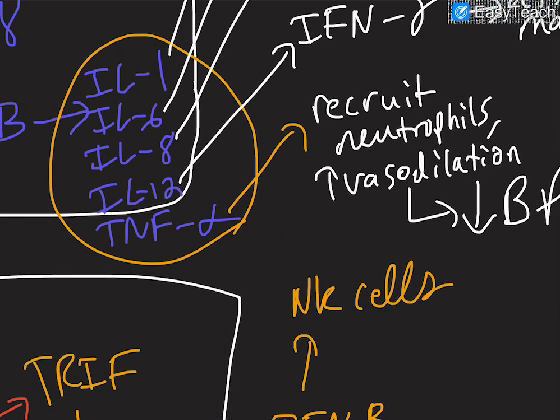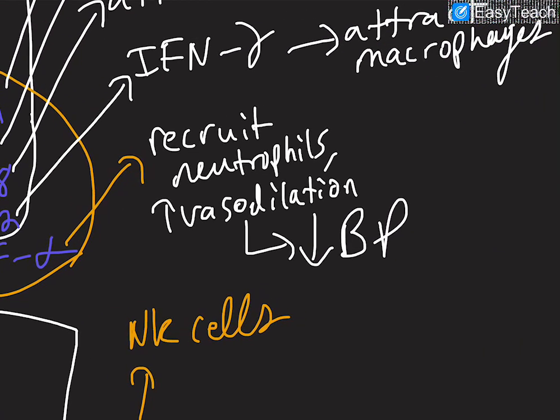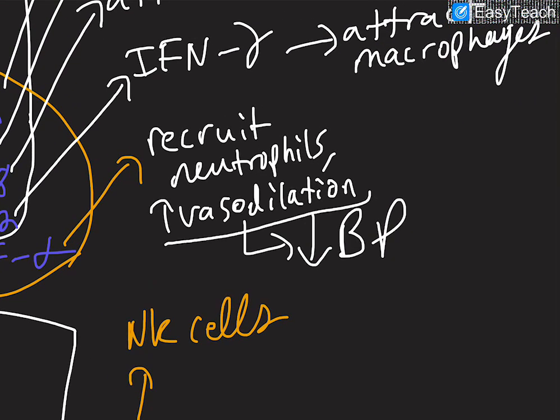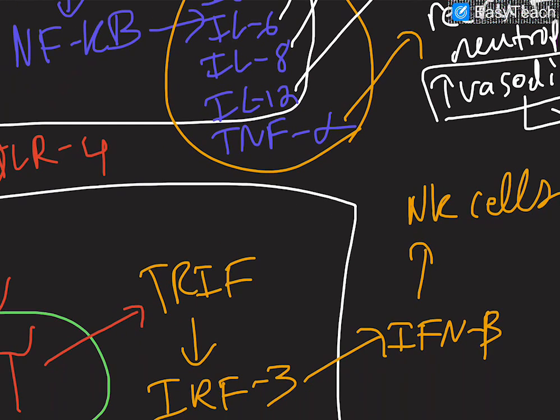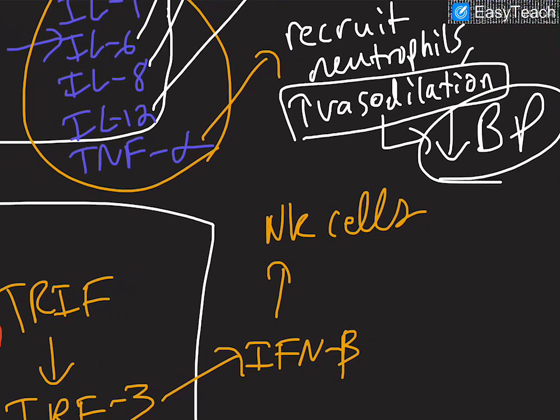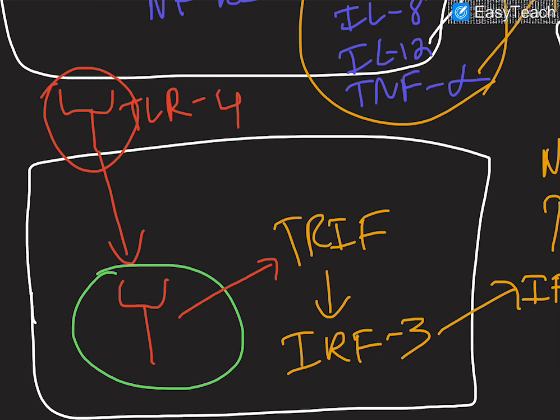But all these cytokines in general can contribute to the overall process of inflammation and fever, right? So if we have a lot of cytokines that can lead to large amounts of vasodilation, that can reduce your blood pressure and may lead to shock, right? We also know if this gram-negative bacteria is in your bloodstream, and we said that toll-like receptor 4 is on your endothelial cells, right?